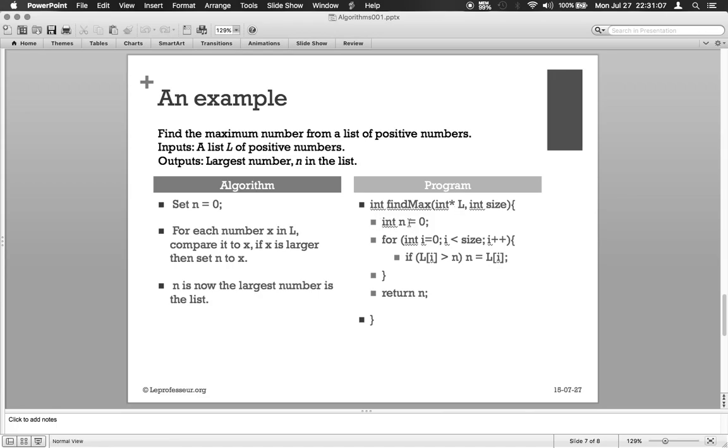Now simply, we set n equal to 0, and then this is the for loop, where i, the looping variable, starts from 0 and goes all the way up to the size of the list, and we check each element in the list, compare with n, and if the number is greater than n, then we simply swap the values of n and that number in the list. And in the end, we just return n, which would be the maximum number.